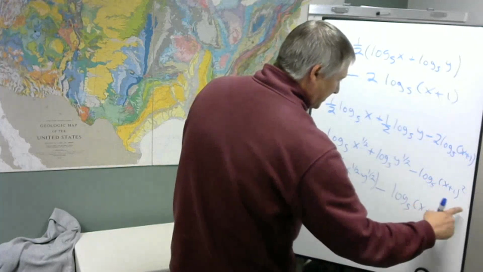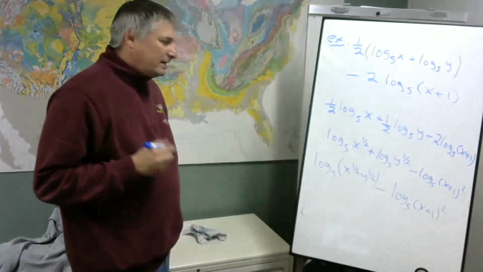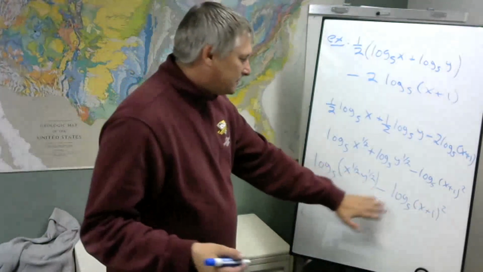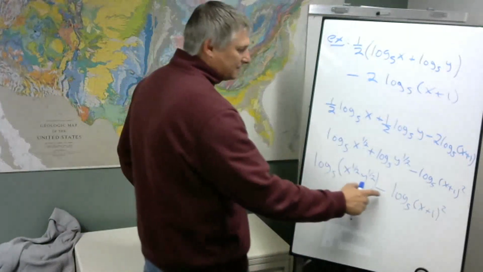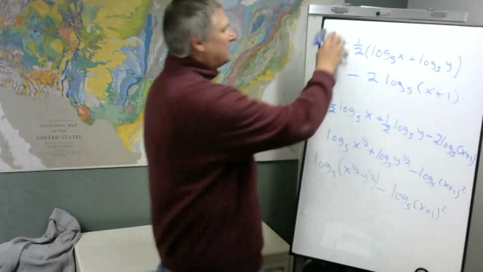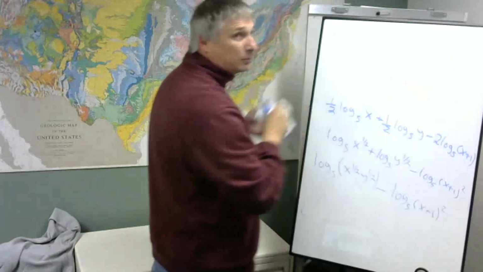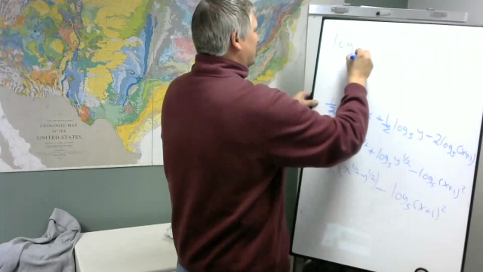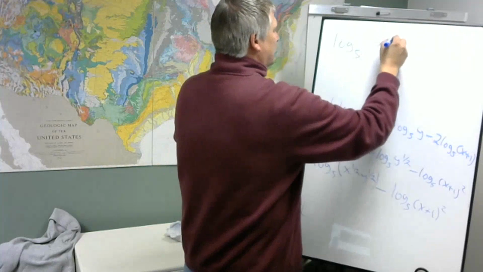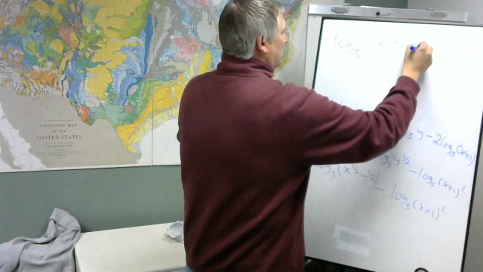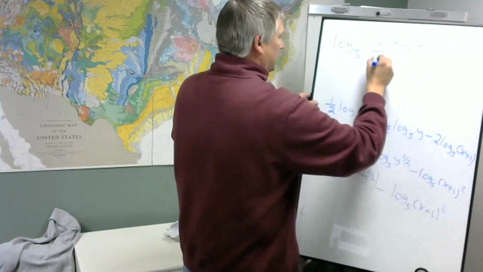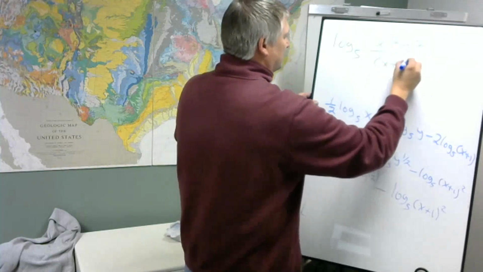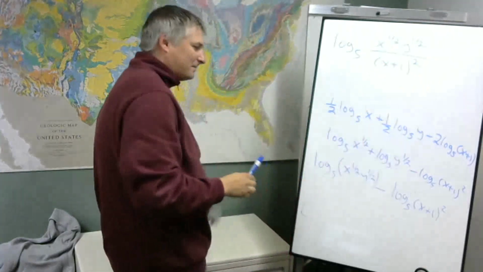And now finally we combine these into a single log using the fact that the difference of logs of the same base will give you a log of a ratio. So this will become log base 5 of x to the 1/2, y to the 1/2, over x plus 1 squared.